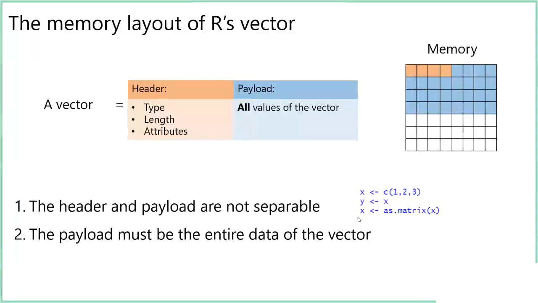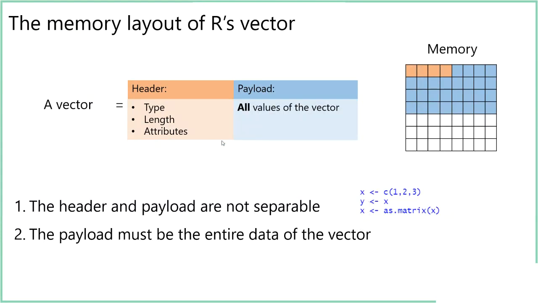Then at some point, maybe you change your mind. You say, okay, I don't want a vector, I want a matrix. In R, a matrix is nothing but a vector with the dim attribute. In order to change its attribute, you cannot directly find the internal memory object and change it, because y also shares the same memory object. So you have to copy the entire memory object and then do the assignment after you copy it.